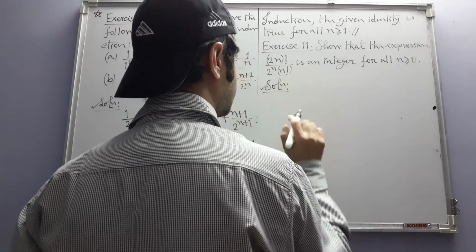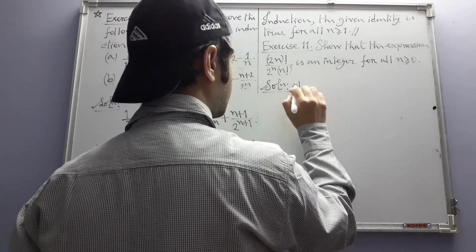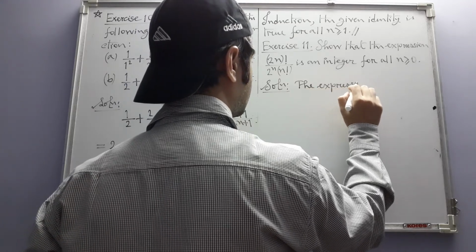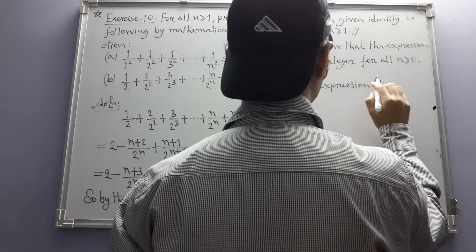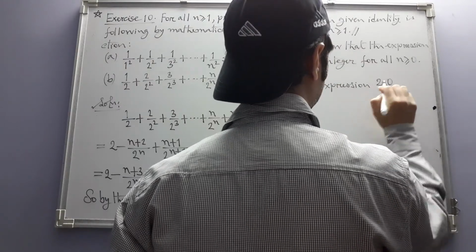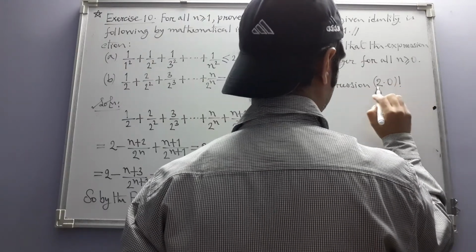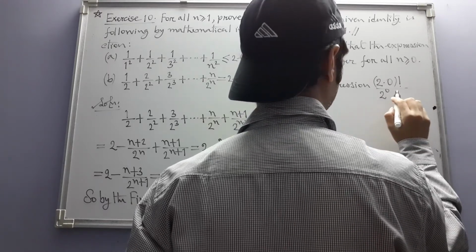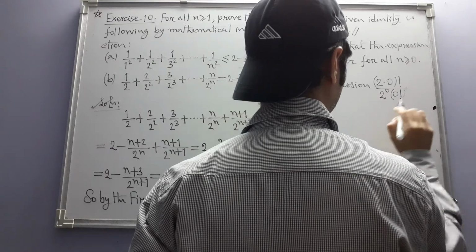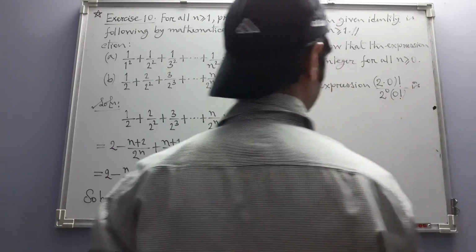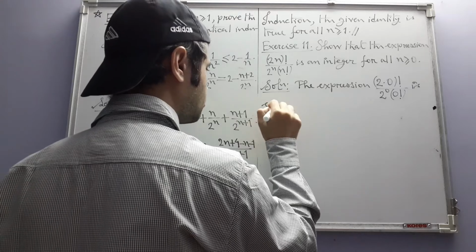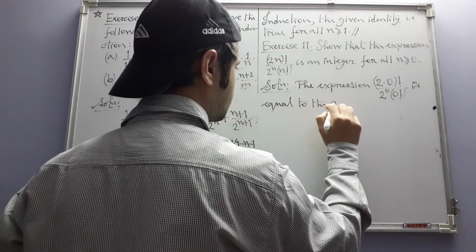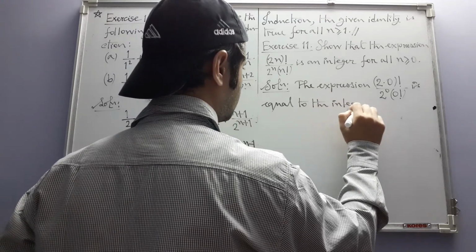Let's just write like this: the expression 2 times 0 factorial divided by 2 to the power 0 times 0 factorial is equal to the integer.